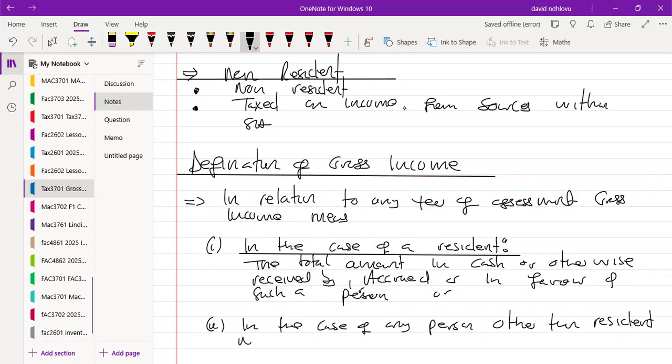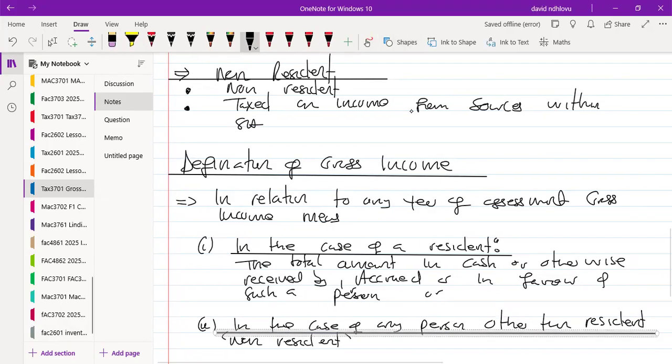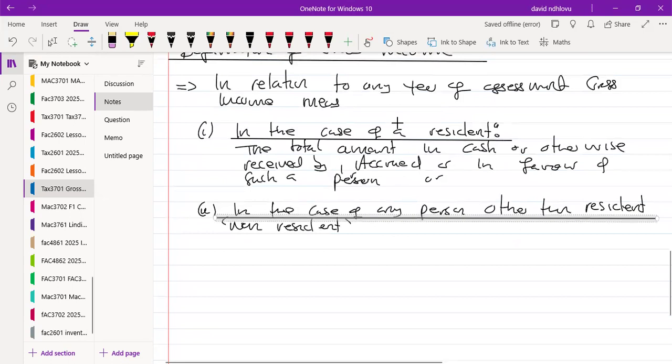So this part is talking about non-residents. That's what it means. I don't know why in their definition they didn't just say non-resident, but they are talking about a non-resident. So any person other than a resident means non-resident. Right.